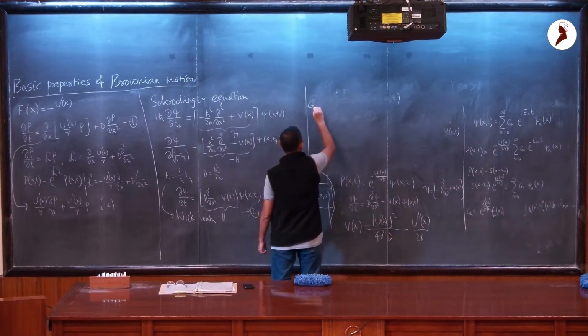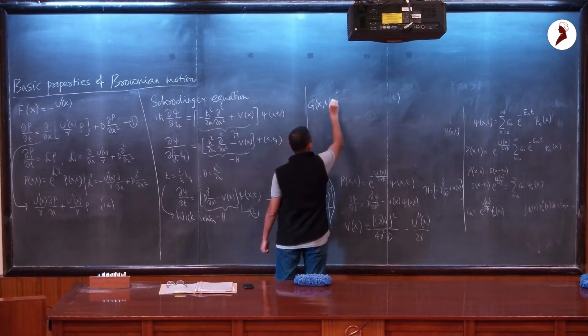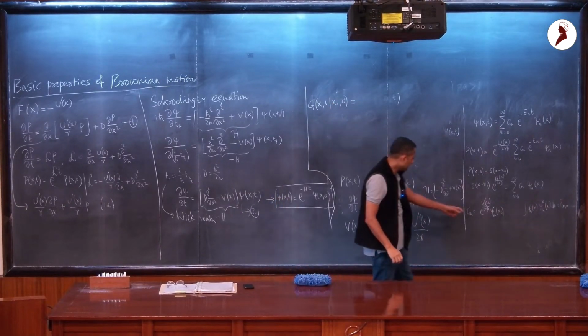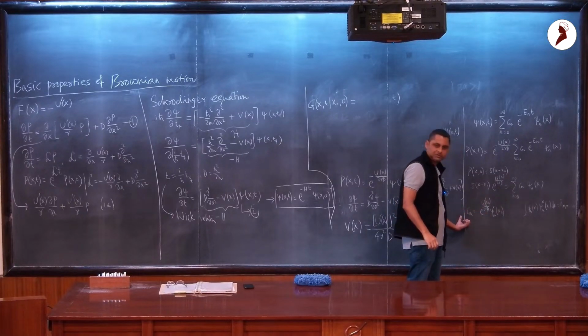So I say that G of x, t given x0 at 0 is, so there is this guy that comes out of the summation.